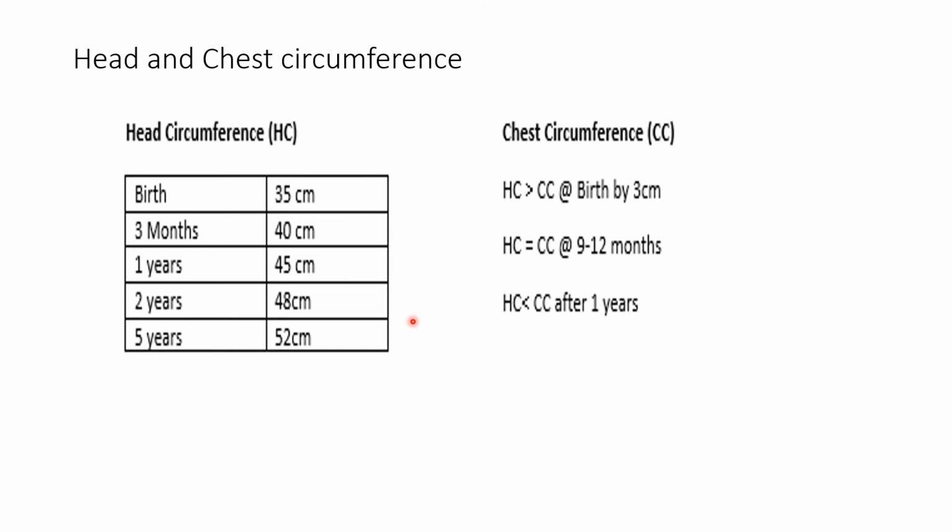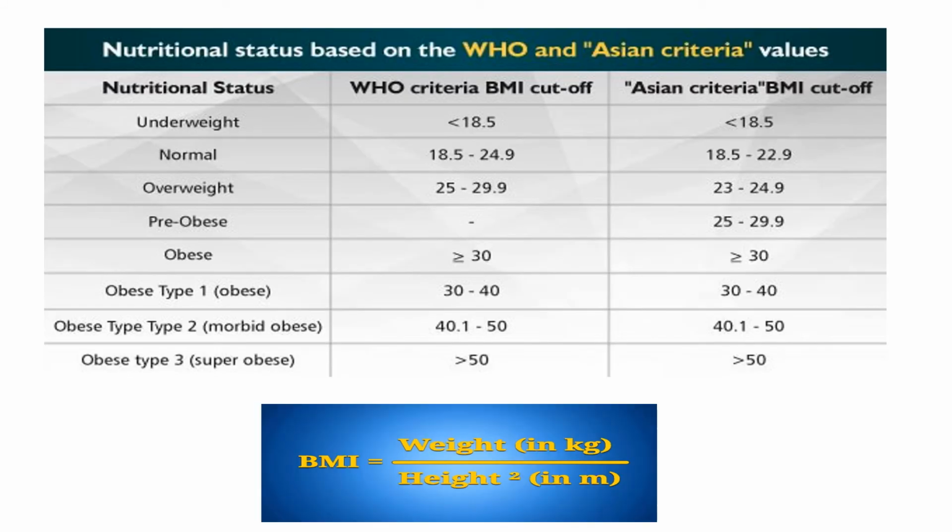It will be more than the head circumference, and it should be. Okay. That is how we assess the nutritional status of a child. If the chest circumference is lesser than the head circumference, it means something is wrong with the child. Like that we can assess the nutritional status by seeing the head and chest circumference.